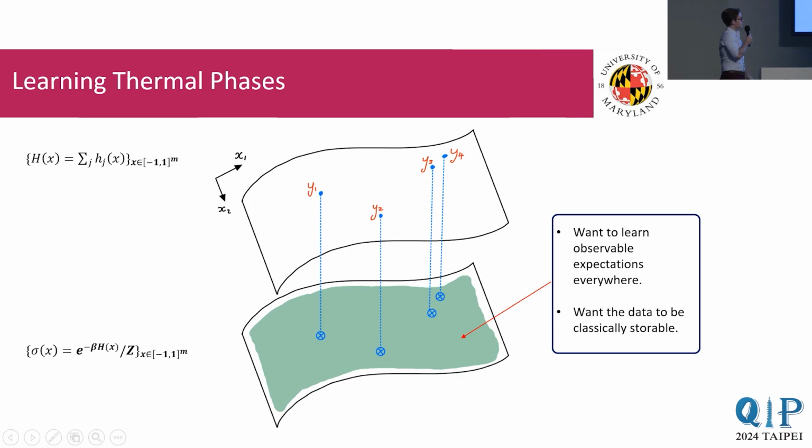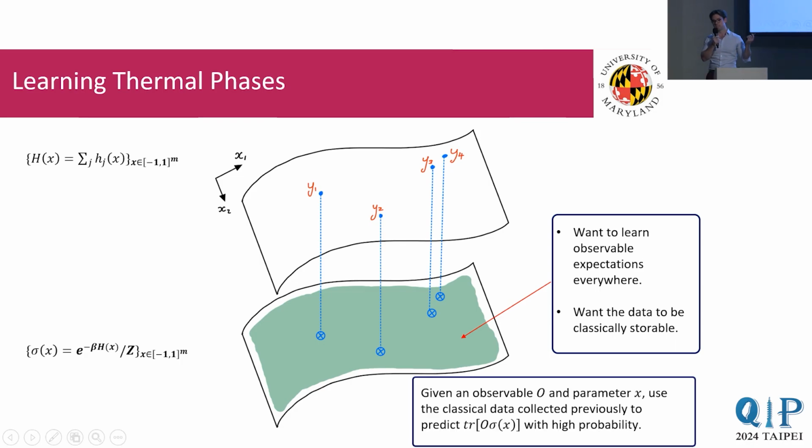And I want you to predict or learn local expectation values of local observables everywhere else in the parameter space that you haven't seen previously. And ideally, I only want you to do this with access to a classical computer and measurements on these states. So the task is, given a local observable and a parameter x, or a point in parameter space, use classical data collected previously to predict the local observable to high probability.